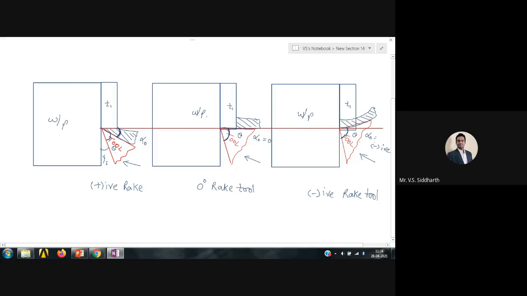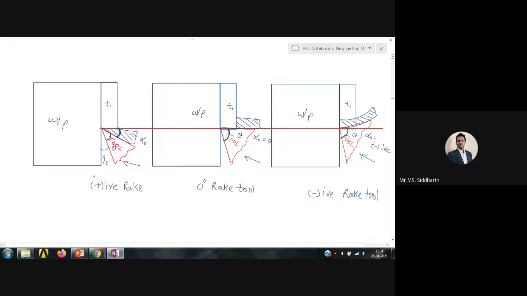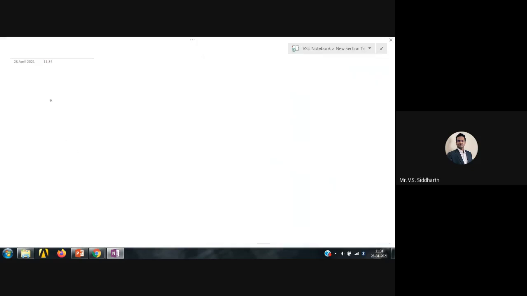So what I can say is, the wedge angle is inversely proportional to the rake angle, which is alpha naught.